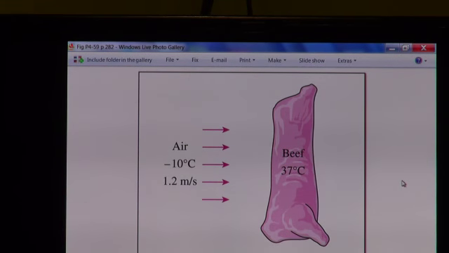The average heat transfer coefficient between the carcass and the air is 22 watts per square meter degrees Celsius, and treating the carcass as a cylinder of a diameter 24 centimeters and height 1.4 meters, and disregarding the heat transfer from the base and the top surface, which means that we can consider it as a one-dimensional problem. Determine how long it will take before the center temperature of the carcass would drop to 4 degrees Celsius.